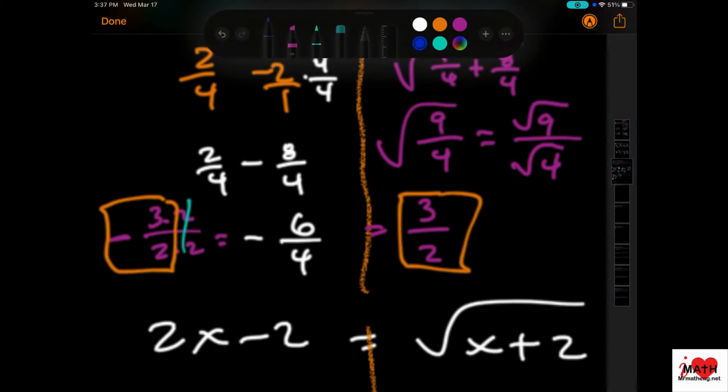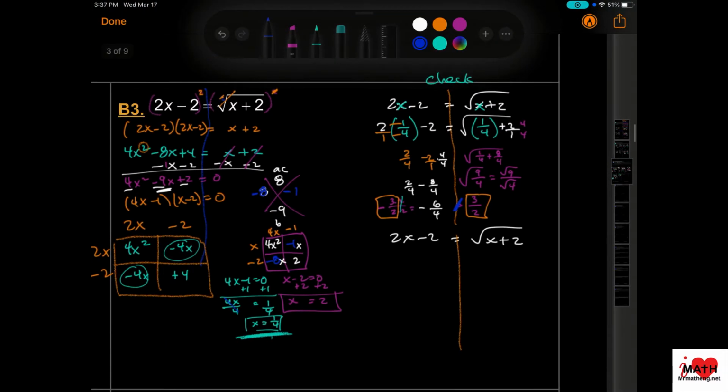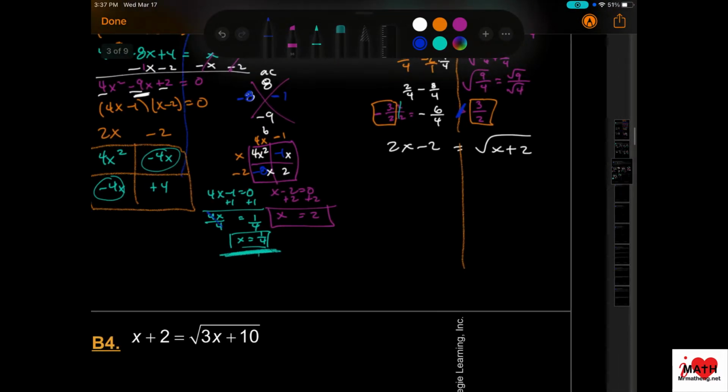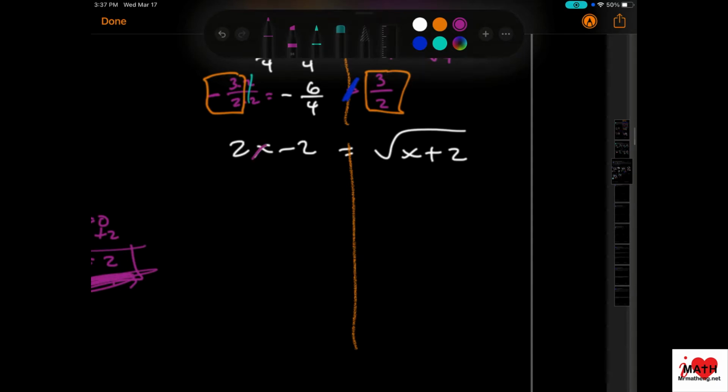So what does that mean? They are not equal. Okay, so that positive 1/4, I'm going to put an X by it. This is an extraneous solution. It was a possible solution, but when we put it back in and checked it, it didn't work. Okay. All right, let's go ahead and check x equals 2 and see if we have some better results.